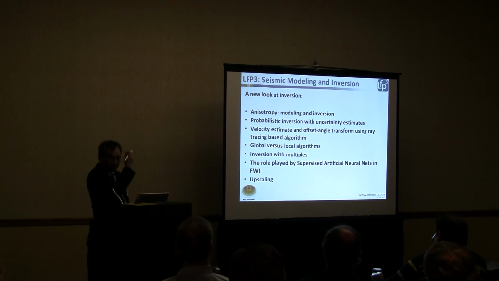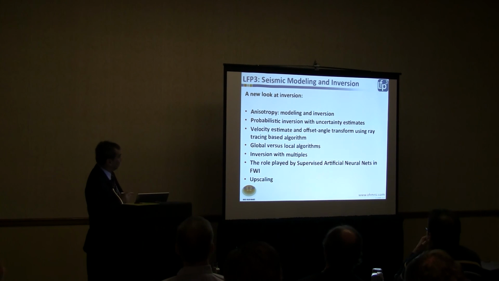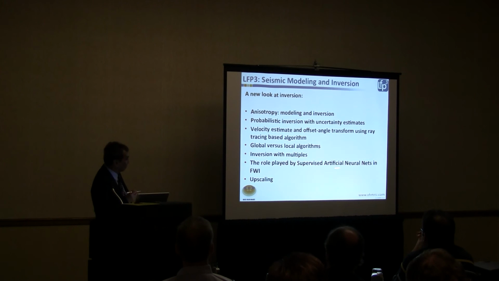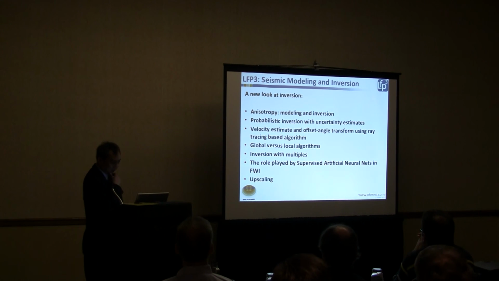Subhashis will talk a bit more. This is highlighting global versus local algorithms, inversion of multiples, a question of span, and some of the roles played by supervised artificial neural nets in Fourier form inversion. And then obviously upscaling is always an issue.